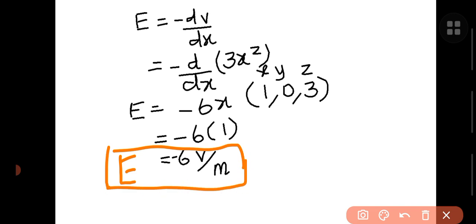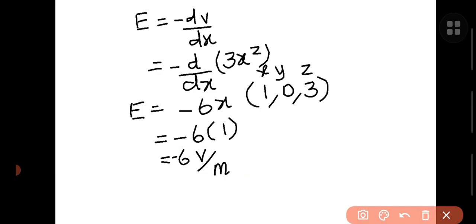This is the answer. Very simple formula, that is E equal to minus dV by dx. V is given, so we need to differentiate with respect to the distance x and substitute the coordinate x value. We get minus 6 volt per meter.